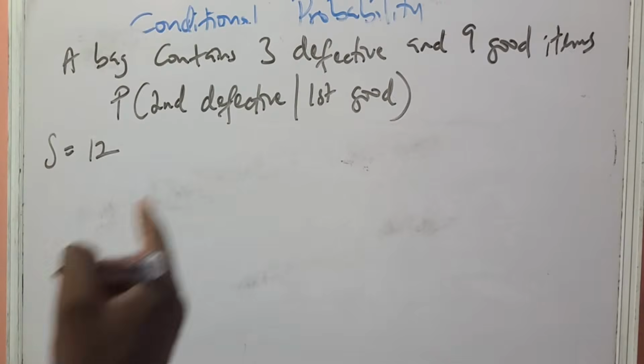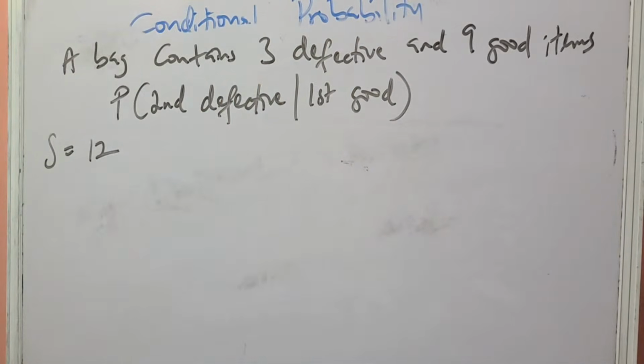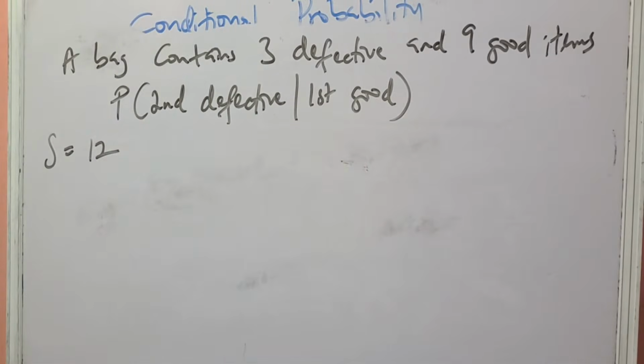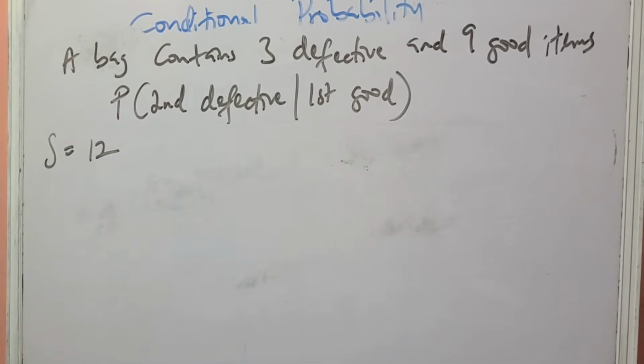Now, if the first was good already, you are obviously dealing with 11 items now, because you already picked the first as a good one.